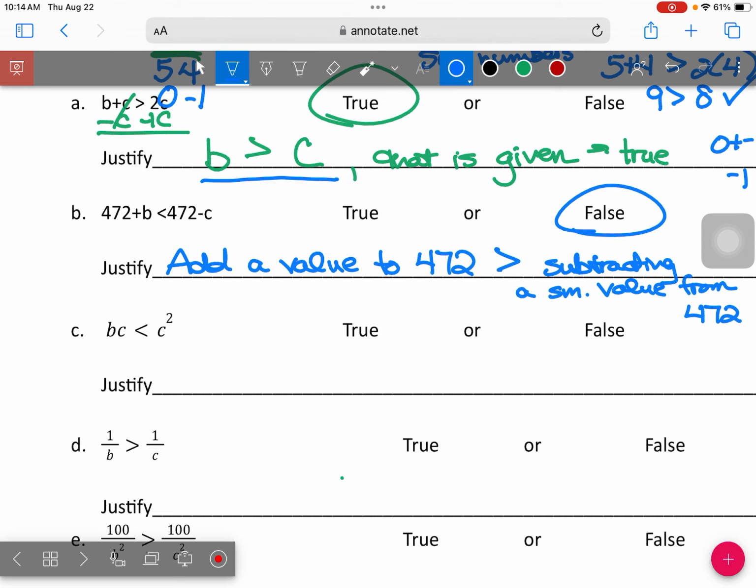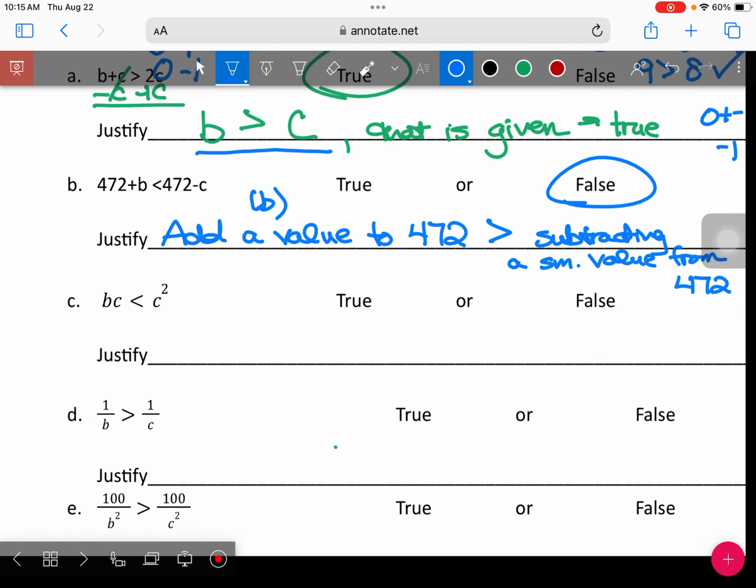So if you add a value, that's your B that we're adding to 472, that has to be greater than subtracting a smaller value from 472. Do you think that's true all the time? Anyone?